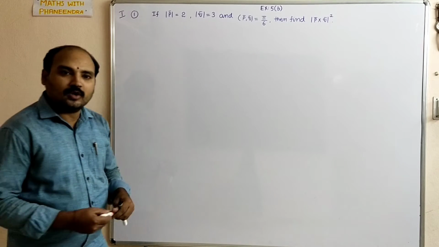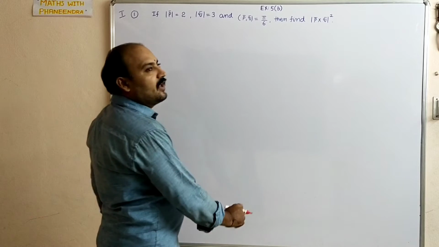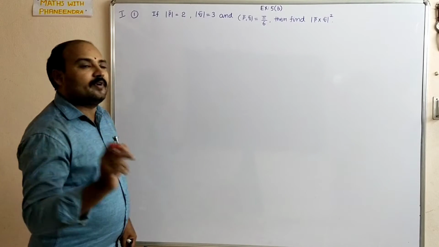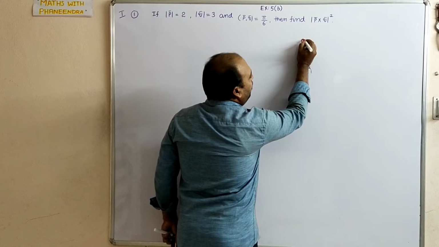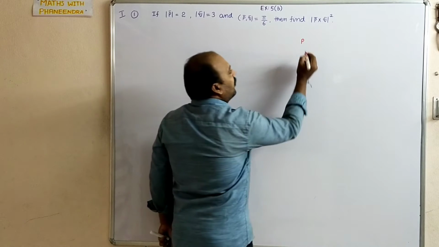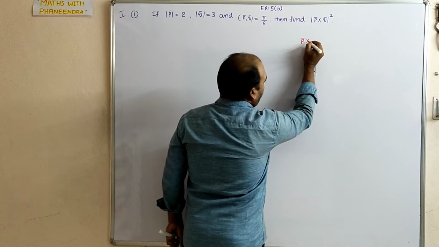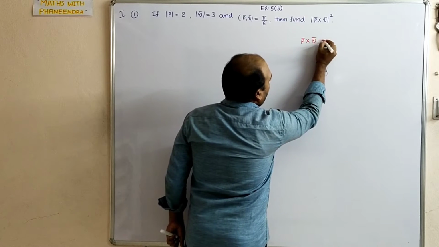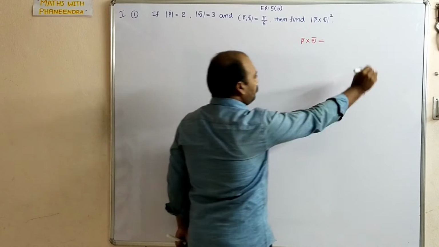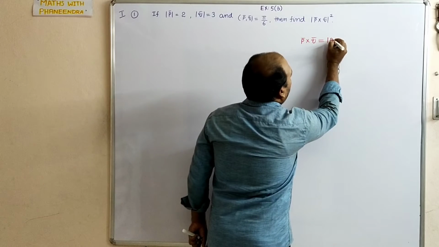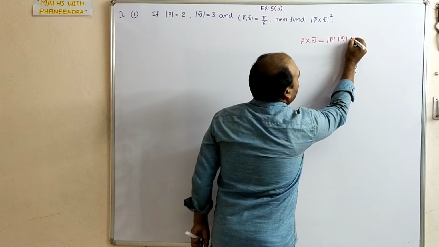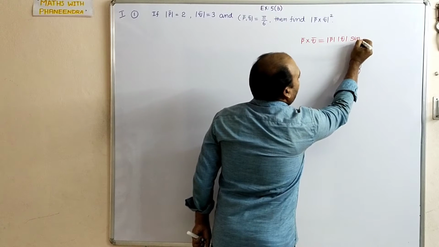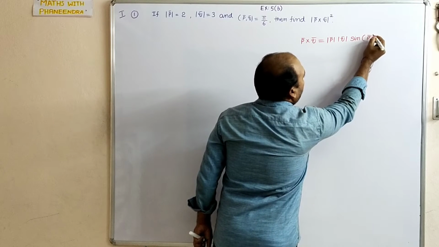So here we know that the cross product of two vectors is defined as p bar cross q bar is equal to mod p bar into mod q bar into sine of angle between p bar and q bar.